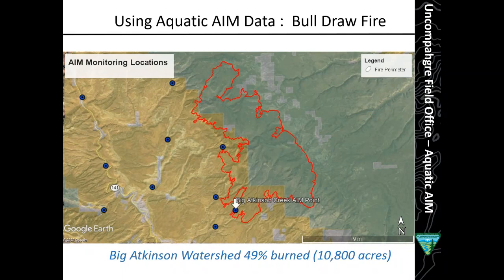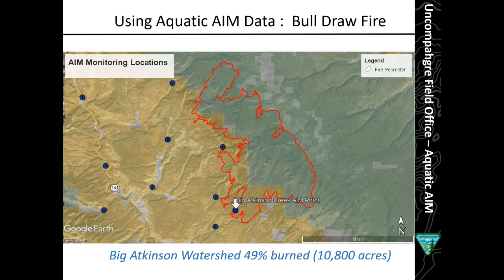This is a depiction of the fire perimeter in red there, and you can see how it lays in relationship to the BLM and the Forest Service. The blue dots are the AIM points that we were fortunate to have. We've been implementing AIM in our field office since 2016.